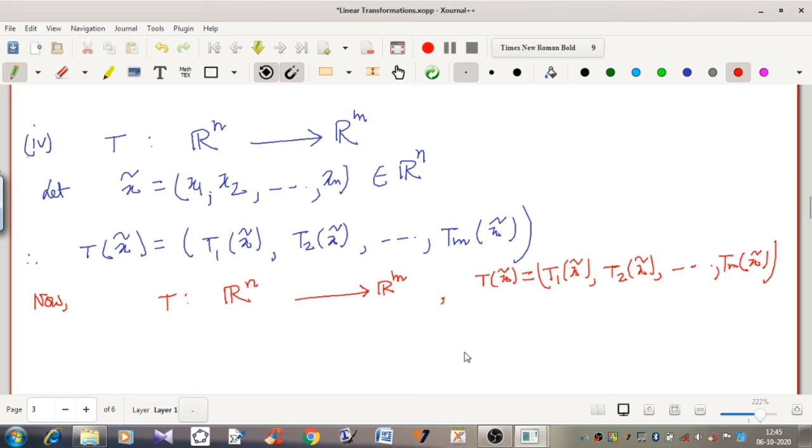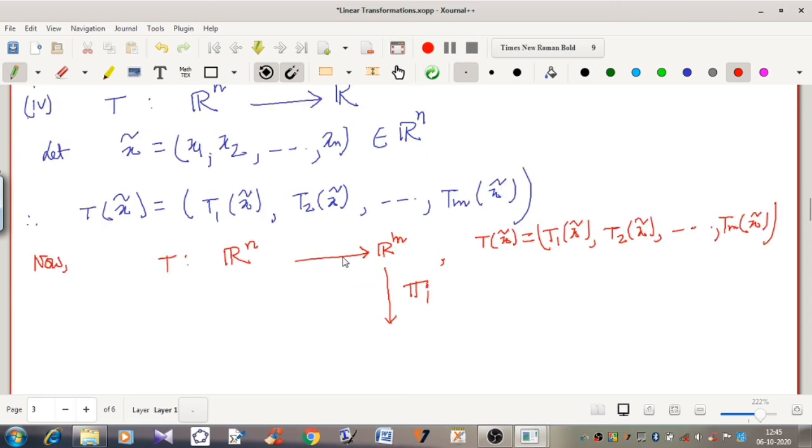Now if we apply the coordinate map on the vector space Rm, then this vector, this m-tuple goes to Ti of x tilde under the map pi i.